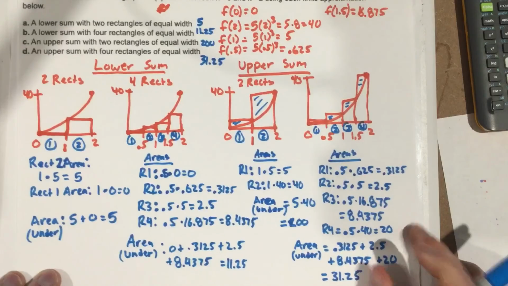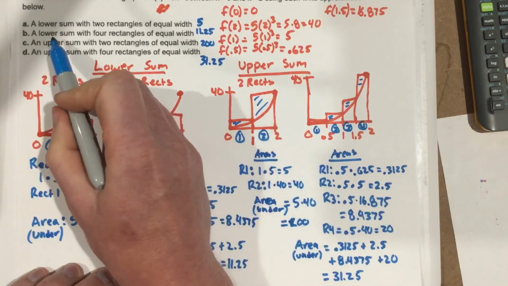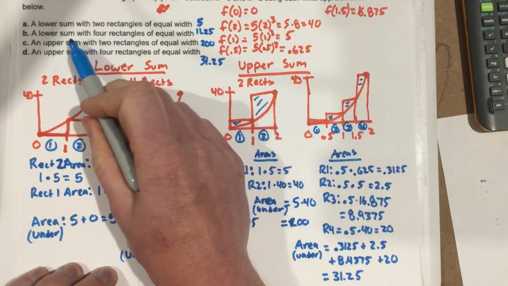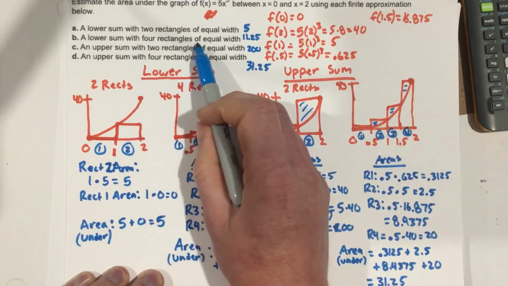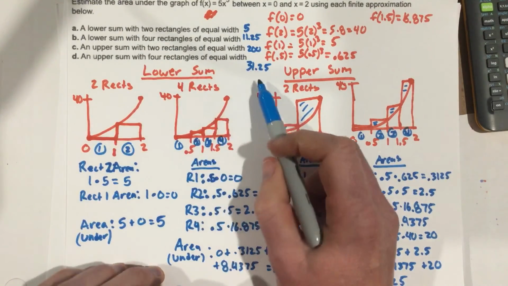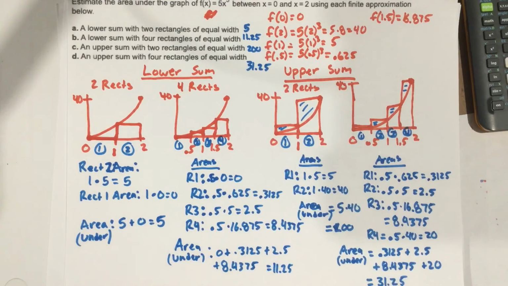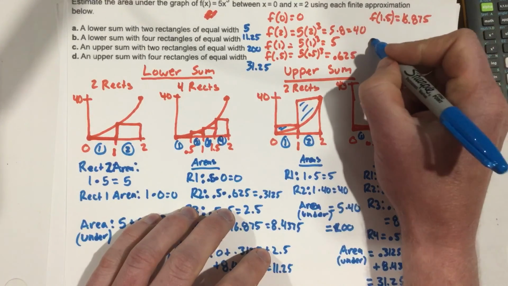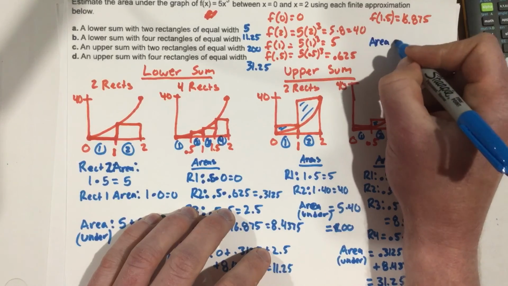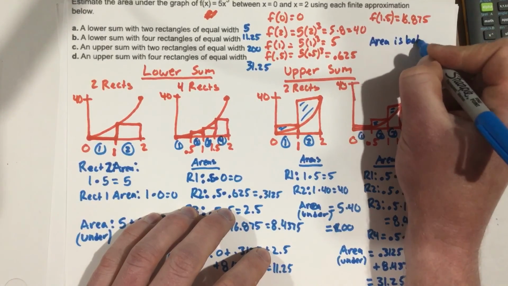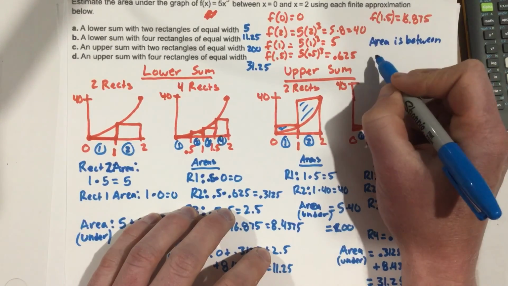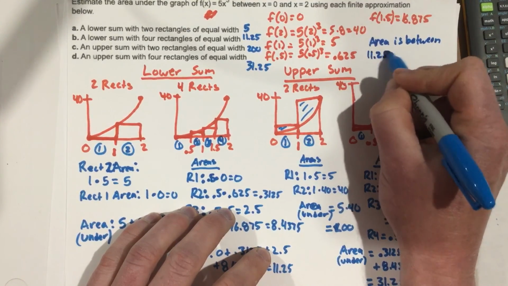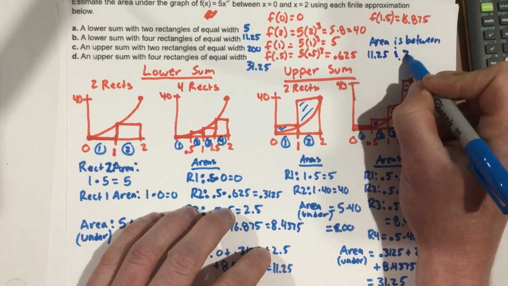Now we can say from this, because if we go with our best estimation, which is the lower sum with four rectangles, and the upper sum with four rectangles, 11.25 and 31.25, we can say area is between 11.25 and 31.25.